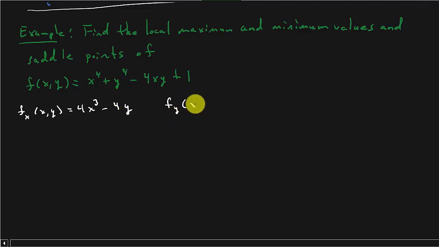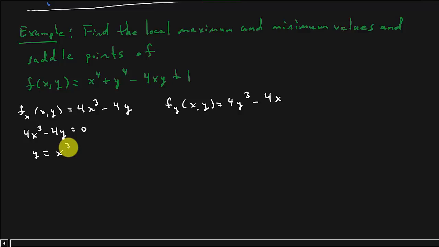And the partial with respect to y is equal to 4y cubed minus 4x. Okay, so I get 4x cubed minus 4y equals 0. And so this is going to end up giving me y equals x cubed.